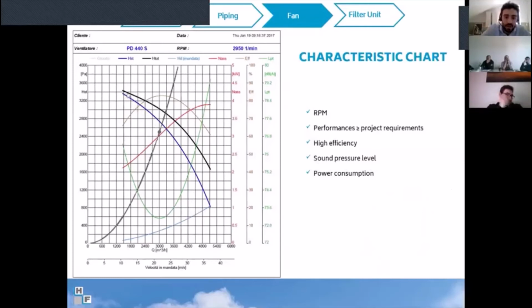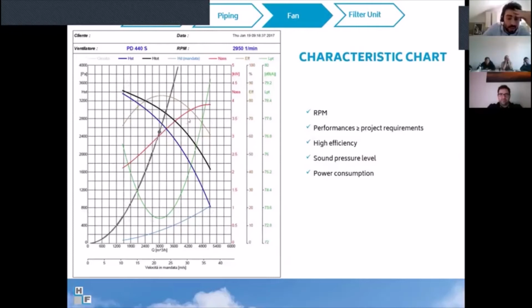The fan, the blower, is able to guarantee the performances all through this line. This means that, at the same time, it can do 2,000 cubic meters with 3000 Pascal, or 5,000 cubic meters with 800 Pascal of static pressure.